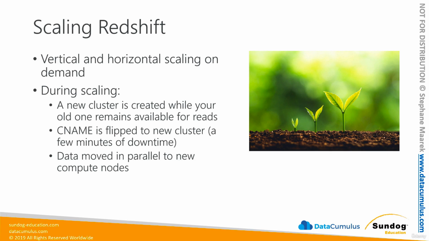When that new cluster is ready, the existing cluster will be temporarily unavailable while a CNAME record for the existing cluster is flipped to point to the new data warehouse cluster. That only takes a few minutes, and it's usually done during some sort of a maintenance window. Redshift will move the data from the compute nodes in the existing data warehouse cluster in parallel to the compute nodes in the new cluster.